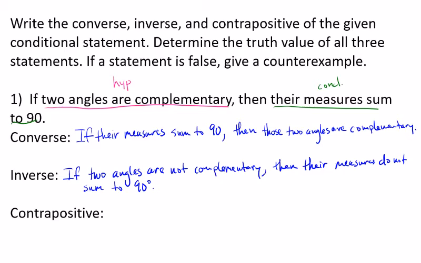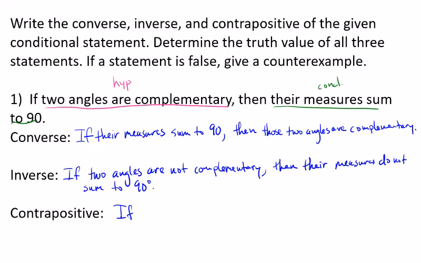Okay. All right. And then the contrapositive. So the contrapositive, I'm going to flip and negate. So I'm going to start with the conclusion. So I'm going to say if in the conclusion, but I'm going to negate it. Or I can even look at the converse, right, and just negate that.